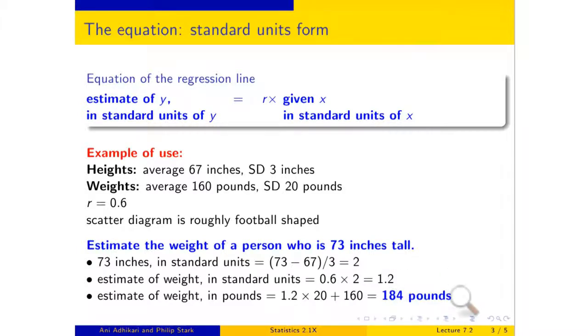But now convert it to the units that you want. So notice that regression has happened just here in the middle move in a very simple way. You see how many SDs above average you are on one variable, and your prediction is that times the correlation. All the rest is unit conversion. And so if you felt that the unit conversion stuff was a little dry, I don't blame you, but this is what it was for.